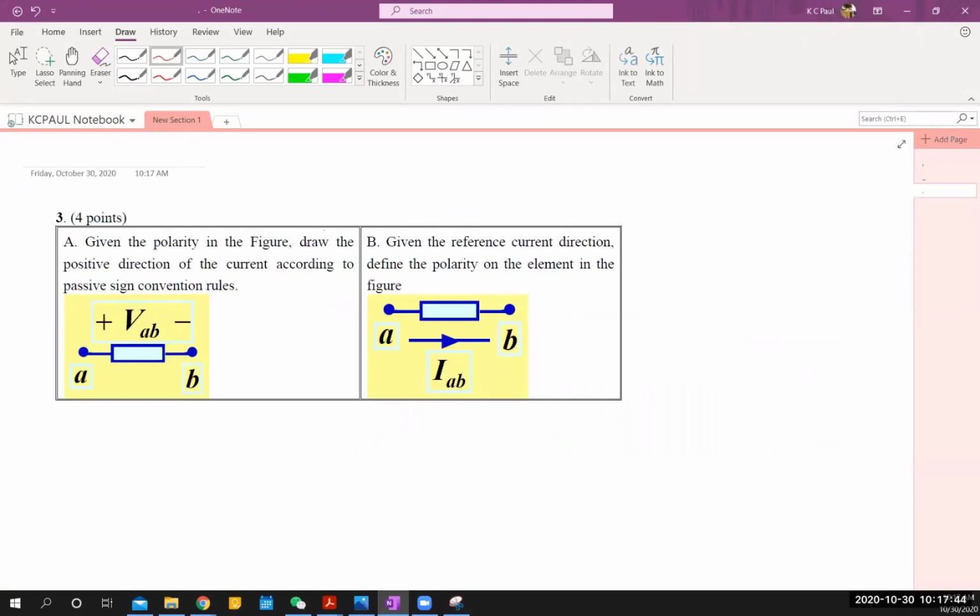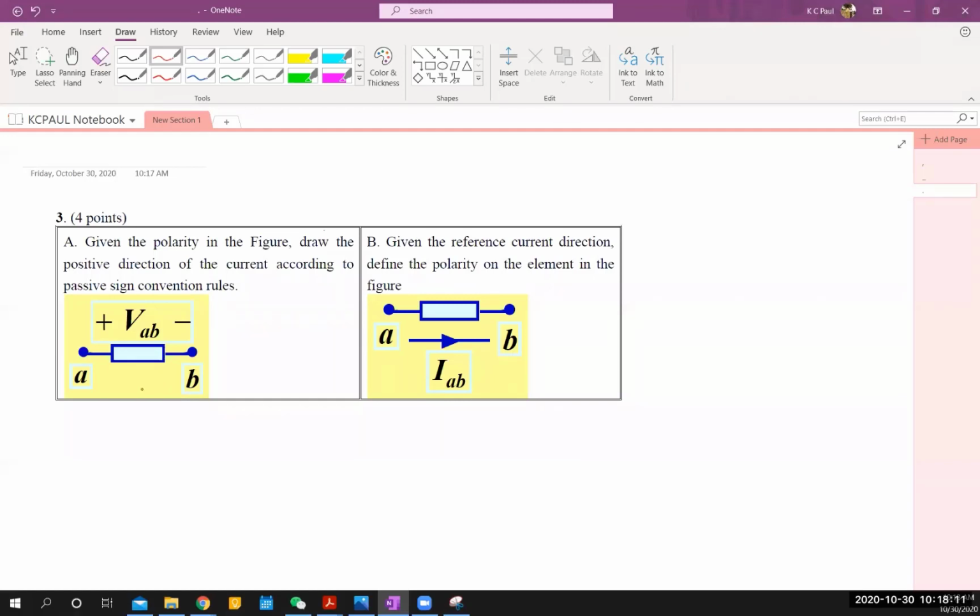For this problem, I'm wondering why you made mistakes here. This is a very well-known problem, and I have also solved this kind of problem in the lecture class. So the polarity is already given. Draw the positive direction of the current according to the passive sign convention rule.